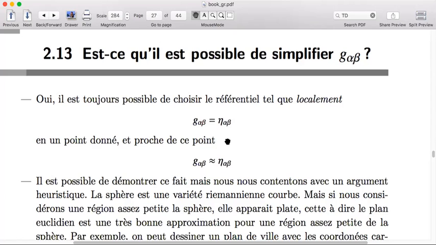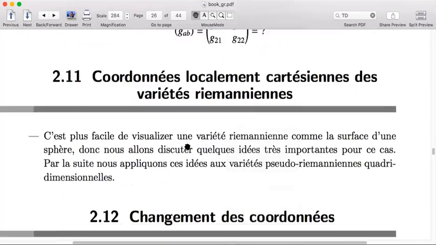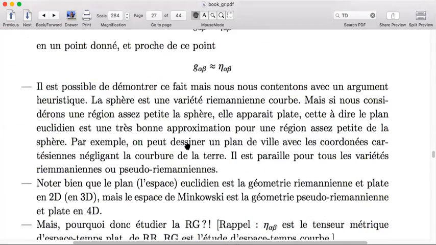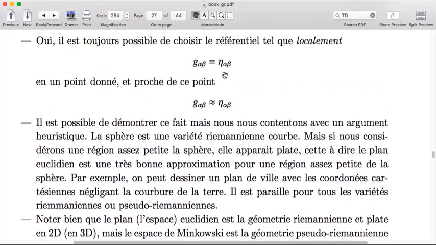This eta alpha beta is just the Minkowski metric. It's the familiar diagonal metric with +1, -1, -1, -1.